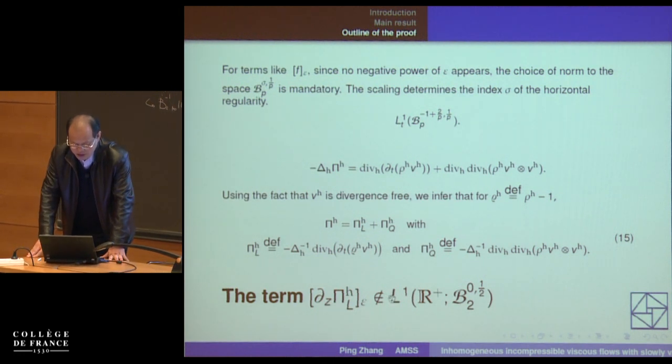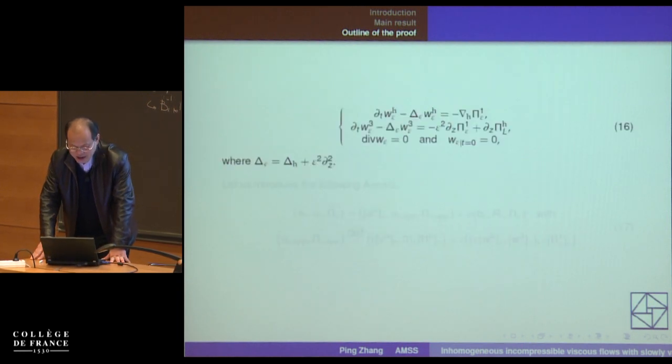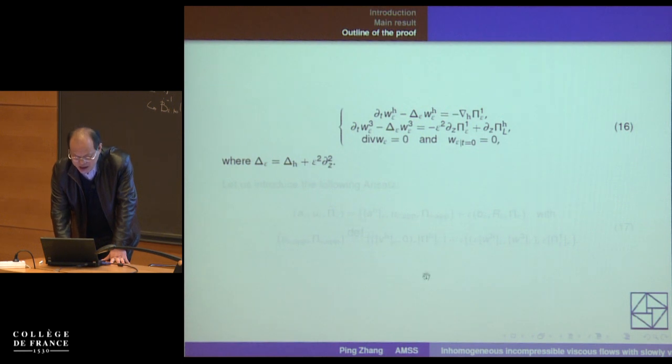In order to bypass this difficulty, we introduce a correction term, W_epsilon, pi_1 epsilon. Here this Laplacian_epsilon equals Laplacian_h, which equals partial_x1 squared plus partial_x2 squared, plus epsilon squared partial_z squared.